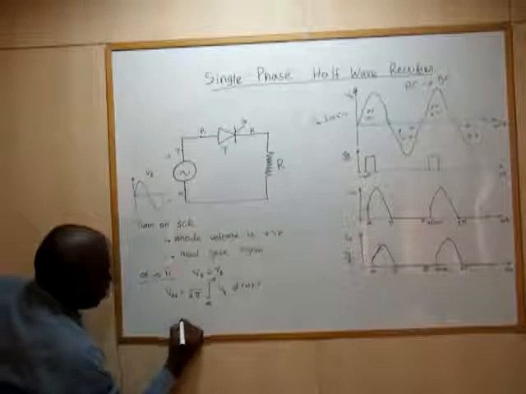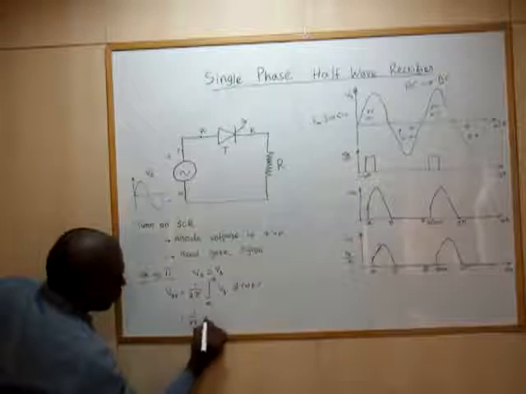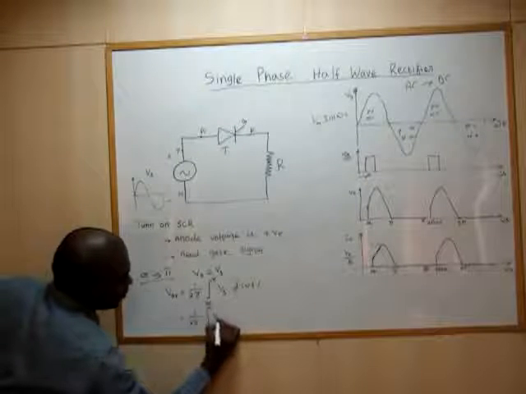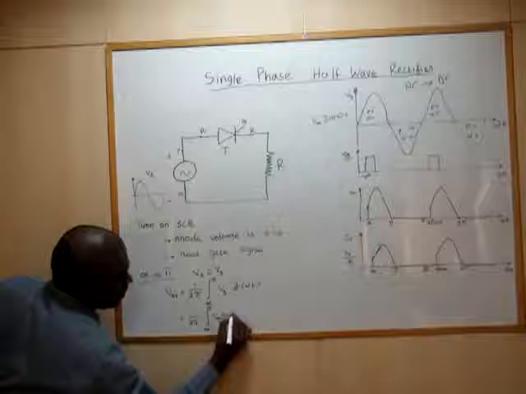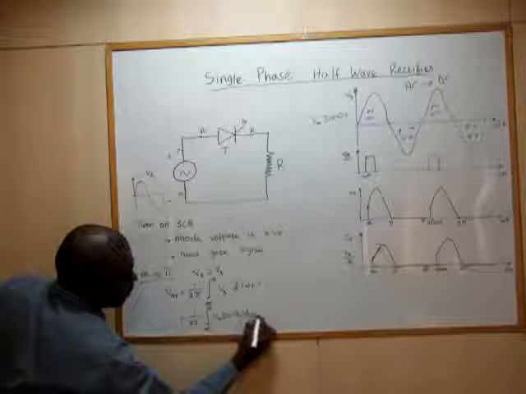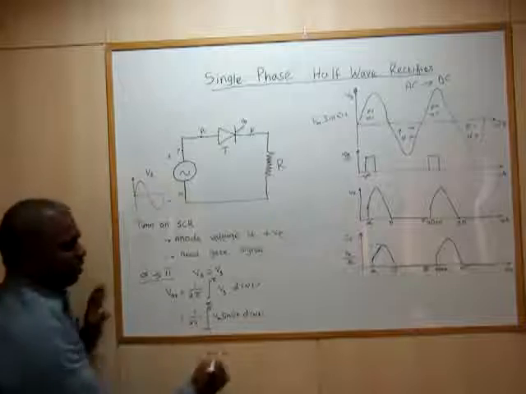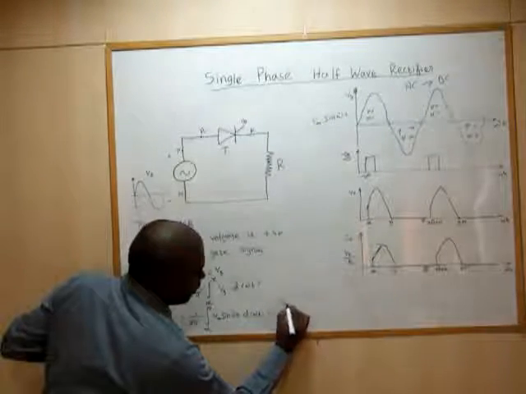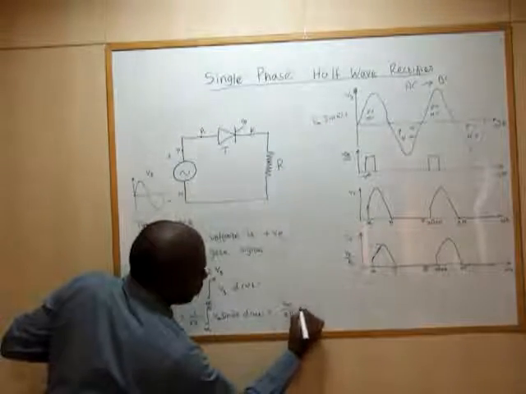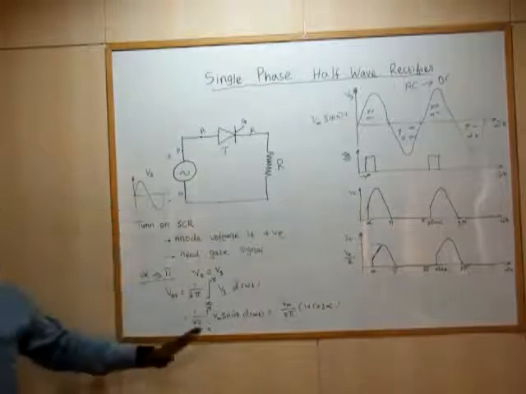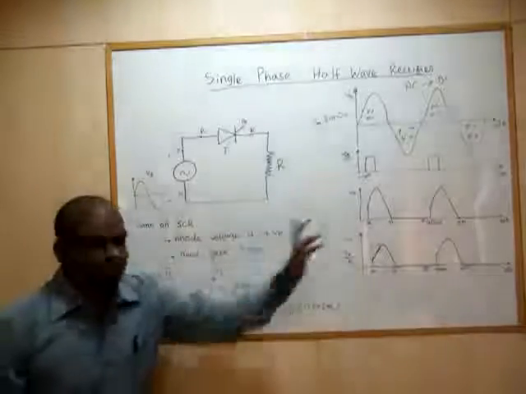So 1 divided by 2 pi, integral from alpha to pi of Vm sin omega t d omega t. Finally the integral value is Vm divided by 2 pi times (1 plus cos alpha). This is the average output voltage of the DC waveform.